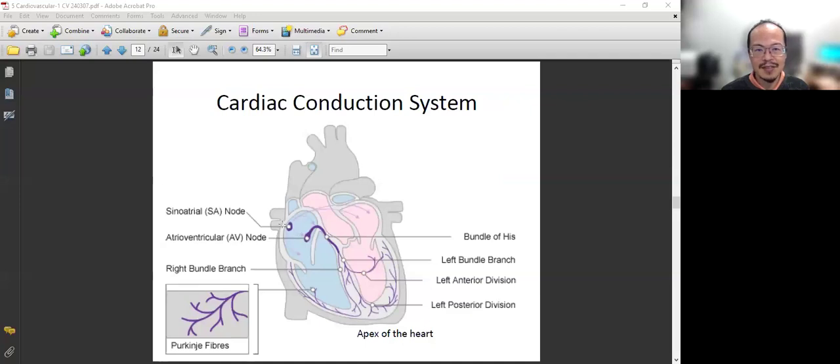The conduction system, SA node to both left and right atrium, and the AV node to both left and right ventricle. Even though they are contracting independently, they are coordinated by the conduction system. So left and right atrium contract together, followed by left and right ventricle contracting together.